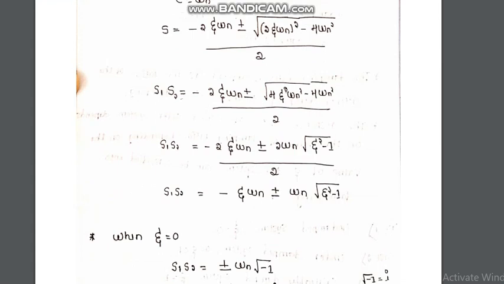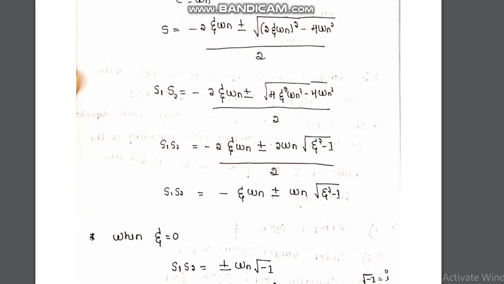Within the square root, we have 4 zeta square omega n square minus 4 omega n square. 4 is a common term and omega n square is a common term, so I will take 4 omega n square outside from this square root term. If you take it outside, it is 2 into omega n, and the square root of zeta square minus 1 will remain, divided by 2.